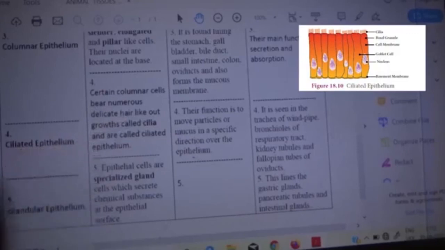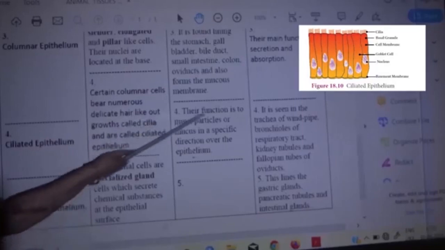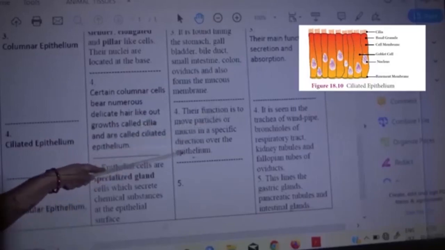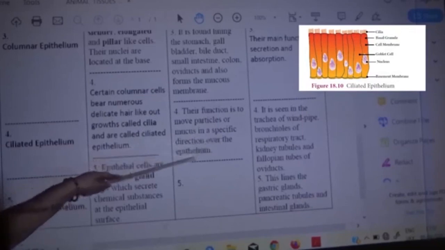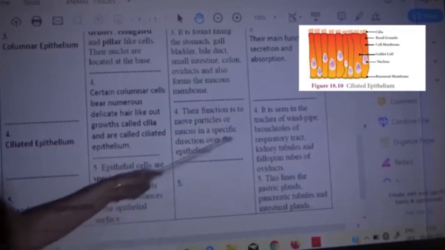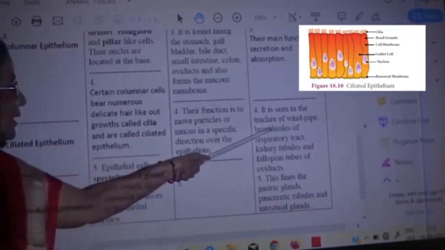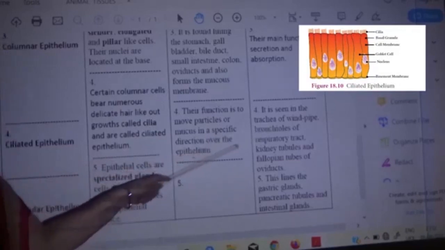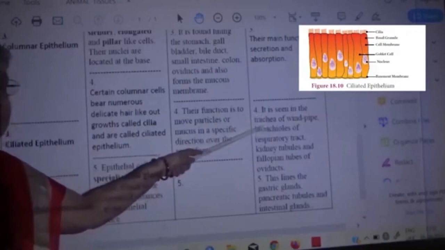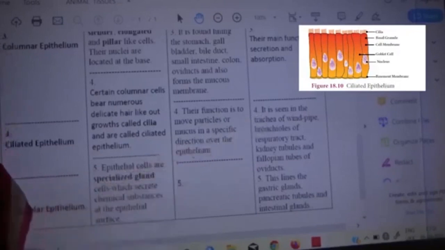Their main function is to move particles and mucus in a specific direction over the epithelium. For example, in the trachea or windpipe, if some dust particle gets in, we sneeze because of the dust particle.